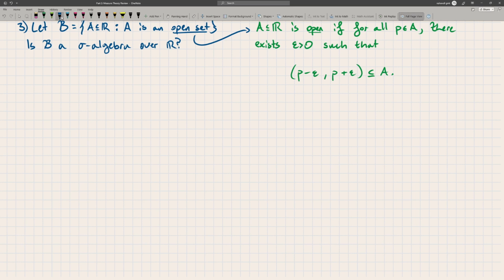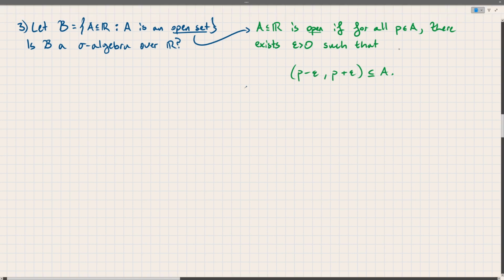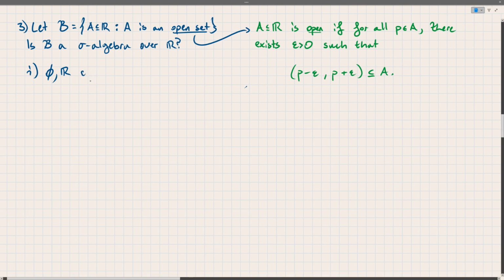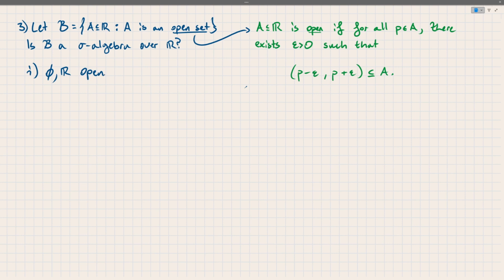And we're asking the question, is the collection of these sets a sigma algebra over R? And again, what we have to do is just check the definition. Is the empty set in R open? Are these open sets? Well, the empty set, I think you would say pathologically, is open.